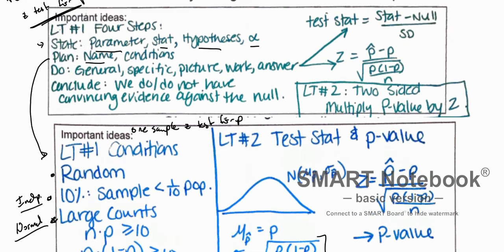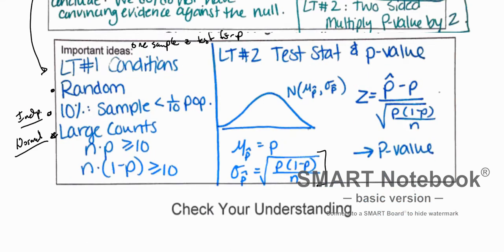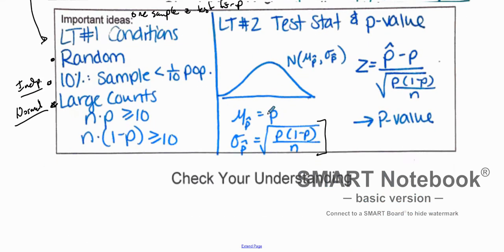After we figure out our plan, we then go to our do. Different people say different things. This is from my statistics friends in books, but they say go from the general to the specific: create a picture. This is your picture, my friends. Create your picture, find your z-score, then find the p-value, either using your calculator or going from there.